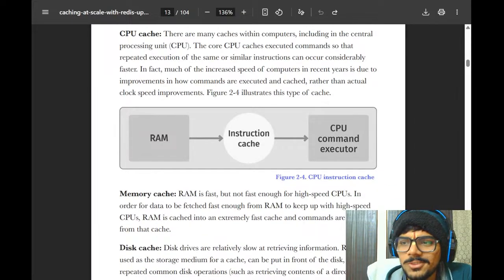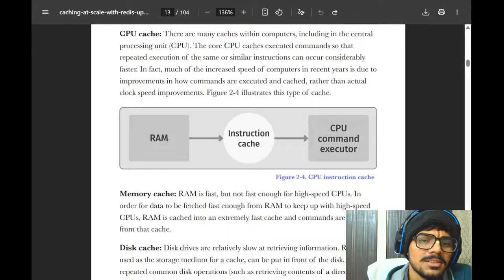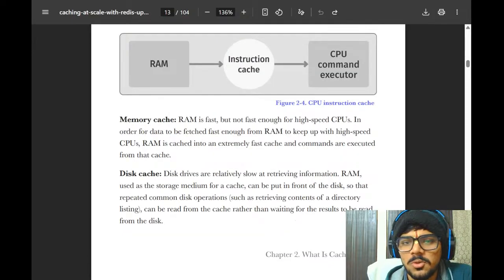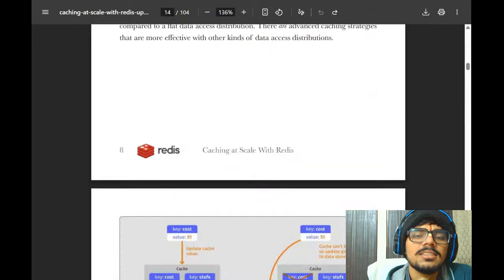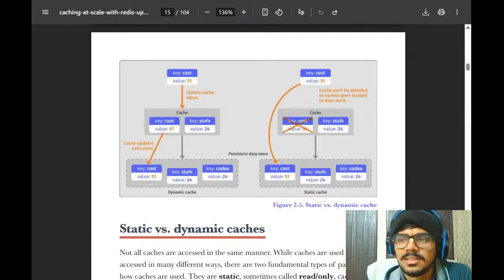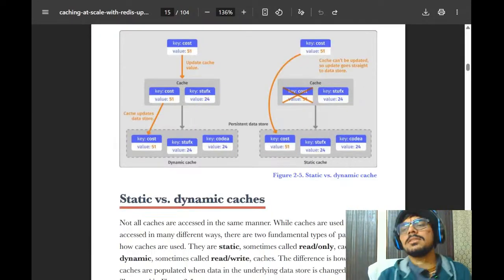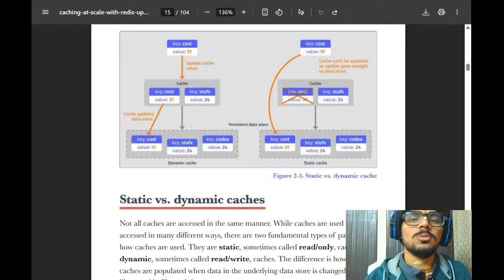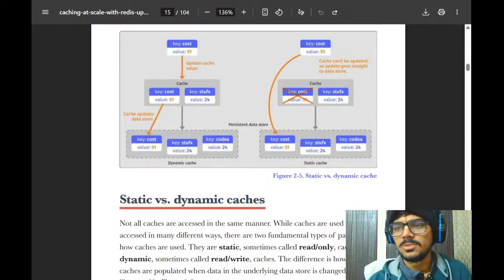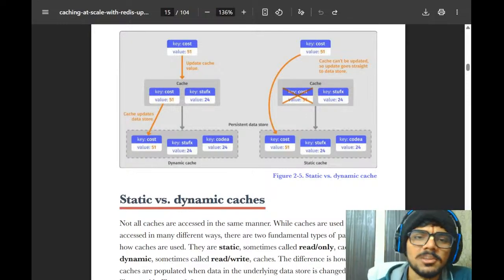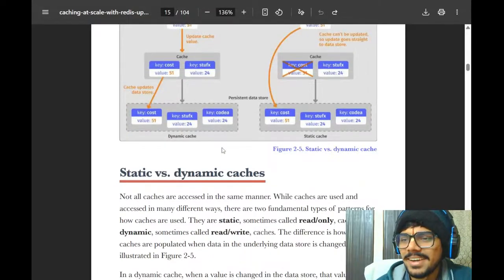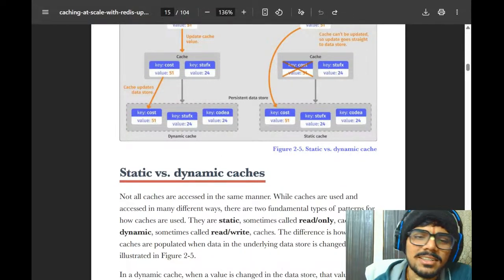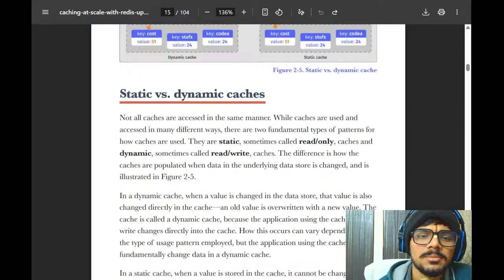That's for the OS level memory management, and that's the memory cache and disk cache. These are some of the basic things about caching that are written in this book. You might consider looking into the PDF. They are basic, so I won't be going over them because Redis is focusing on something else.